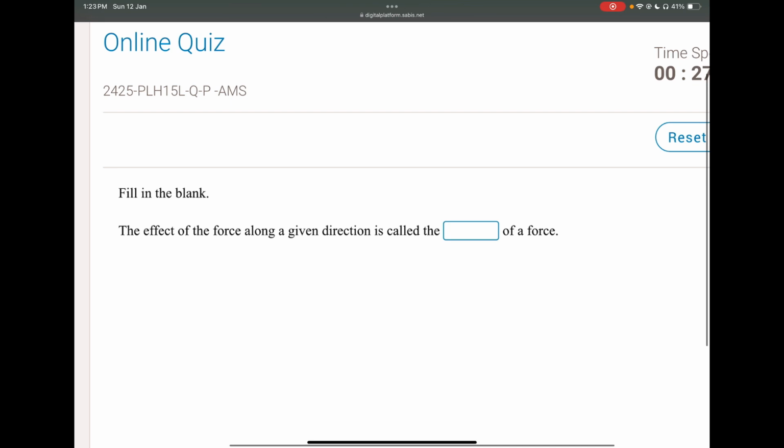Number 5, the effect of the force along a given direction is called the component of the force. Okay, what is a component?